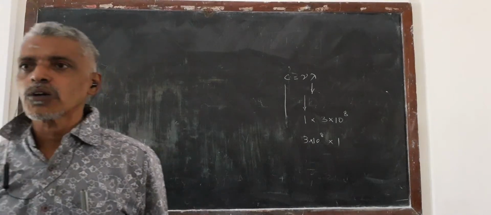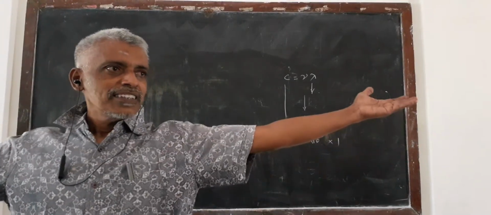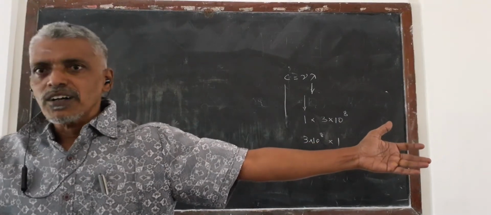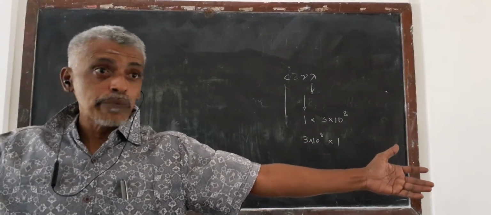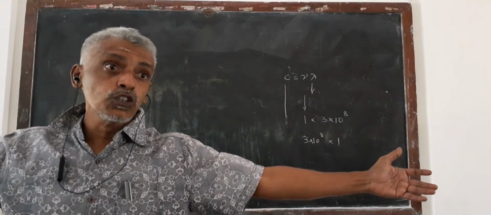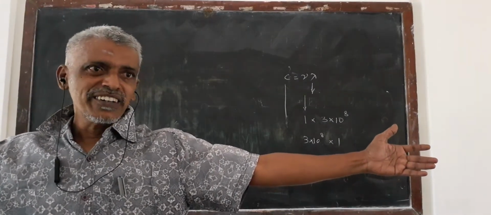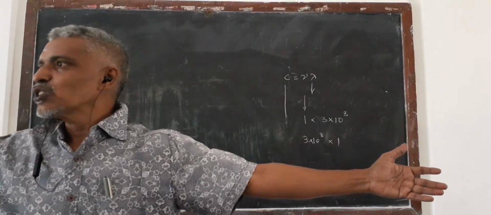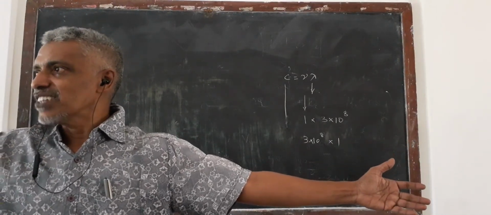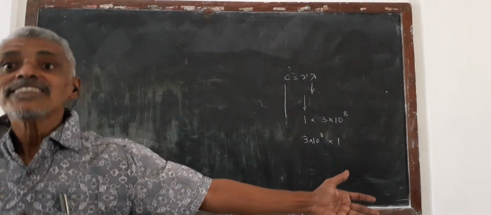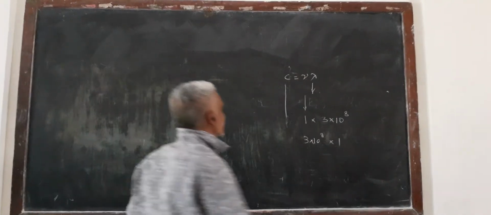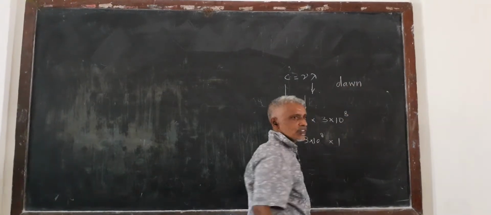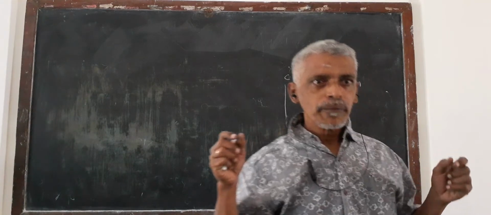Now this thing you have to apply for the dawn. I have to ask at times the words which I am actually using for you. Dawn and dusk, you heard about dawn and dusk. Dawn means bright.